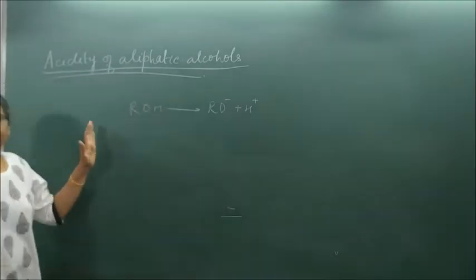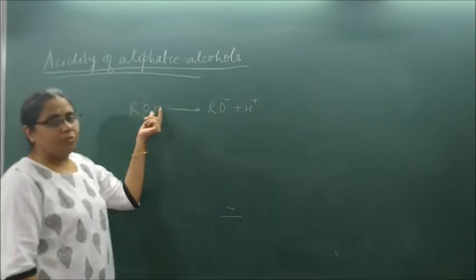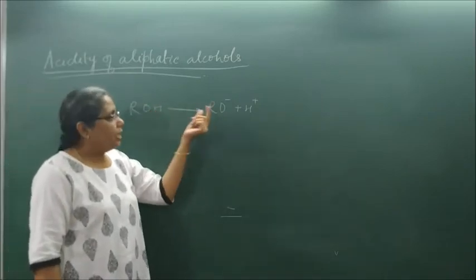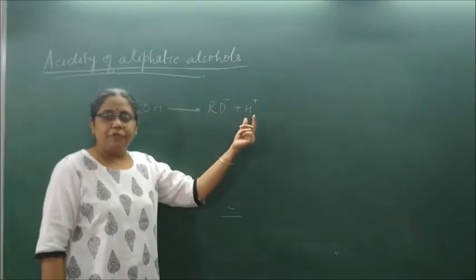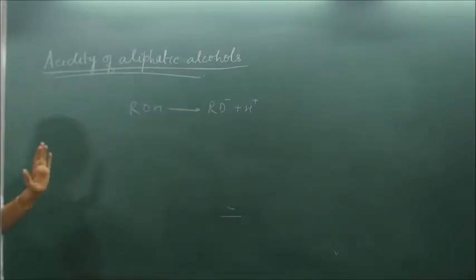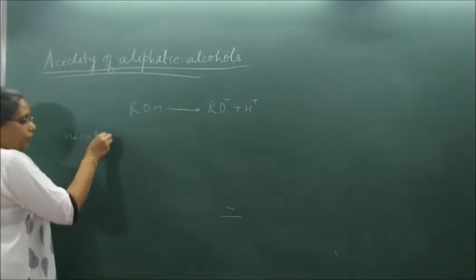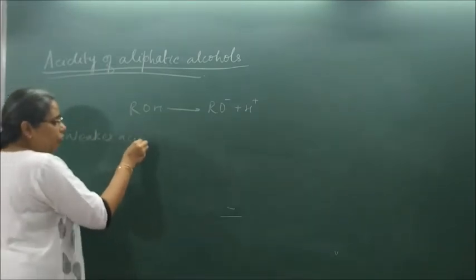So now we know that the alcohol should be acidic in nature because it gives H from the OH in the form of H plus ions.